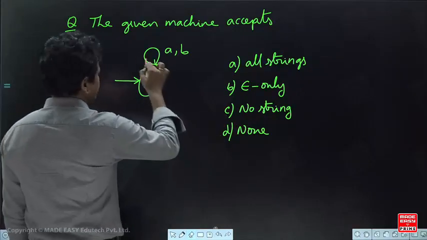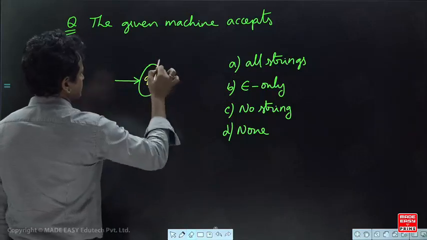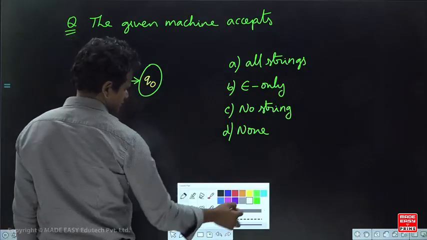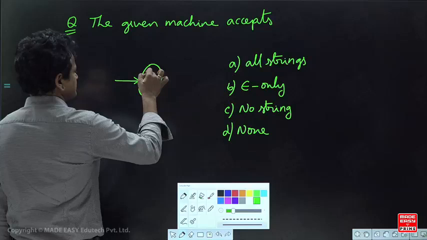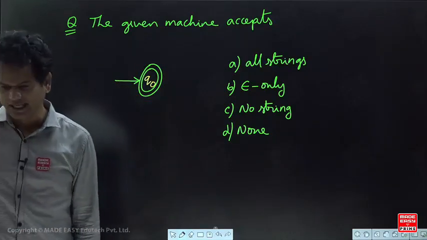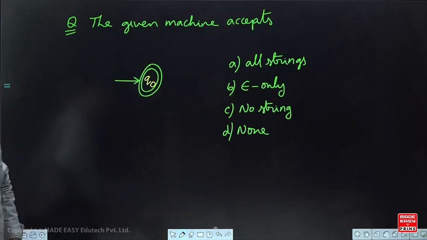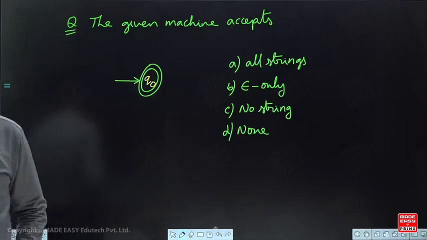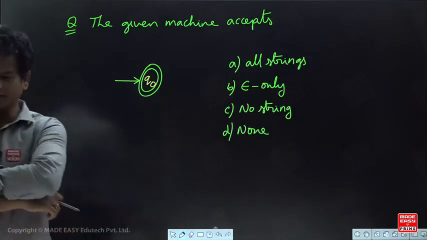Next question. The given machine accepts. This is the next question. The given machine accepts.